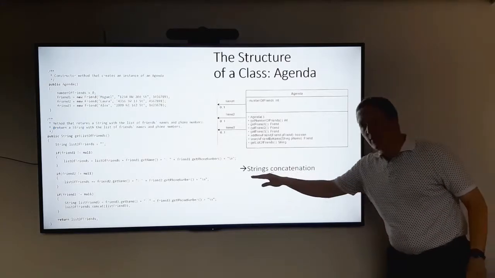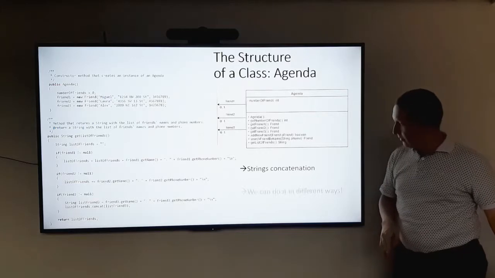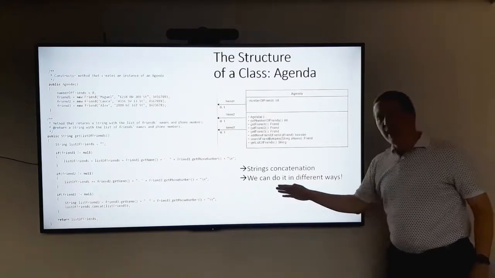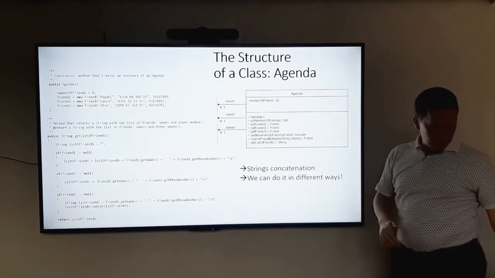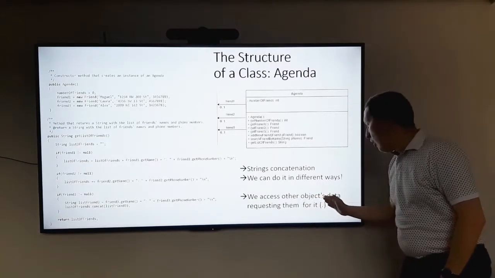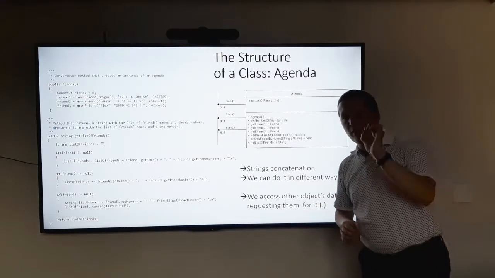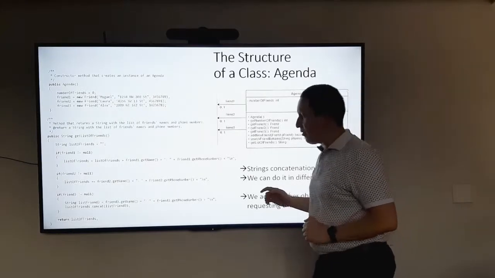So as we already saw, in this slide we covered strings concatenation, and that we are able, and we can do it in different ways. We access other objects' data requested them using the period, the point. So that's also something that we need to observe.